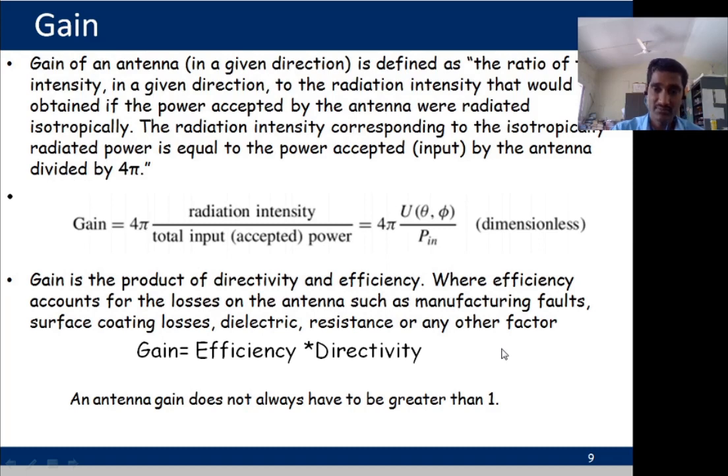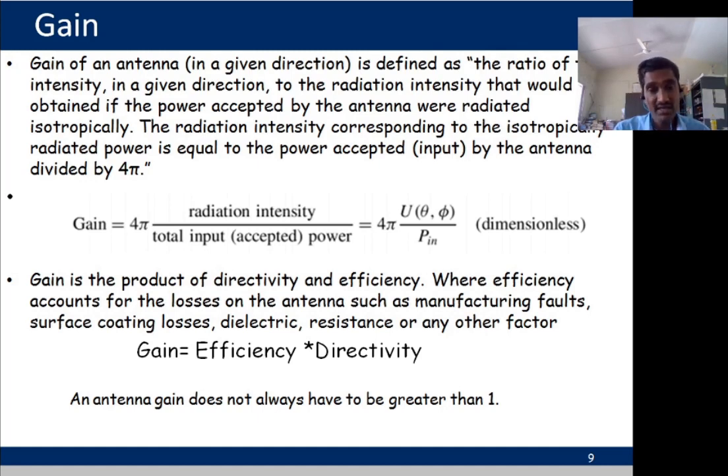That means, basically, if you take an antenna and provide some energy to it, how does it radiate that energy in a specific direction as compared to the same energy provided to the isotropic or ideal antenna? From that we calculate the gain of the antenna.